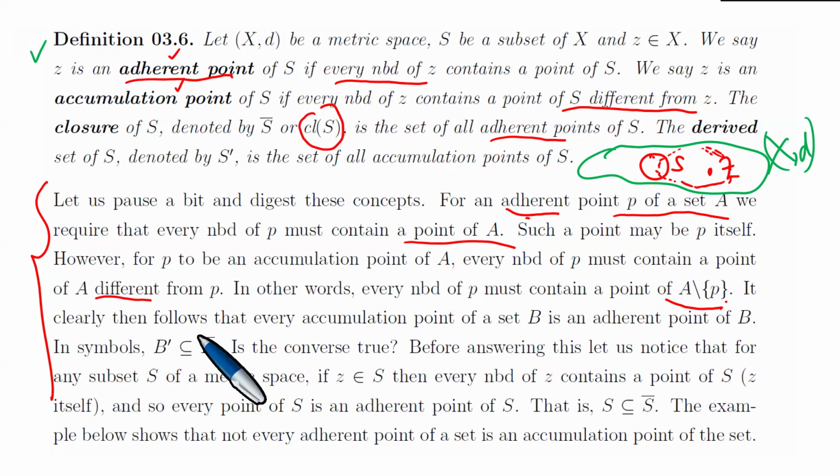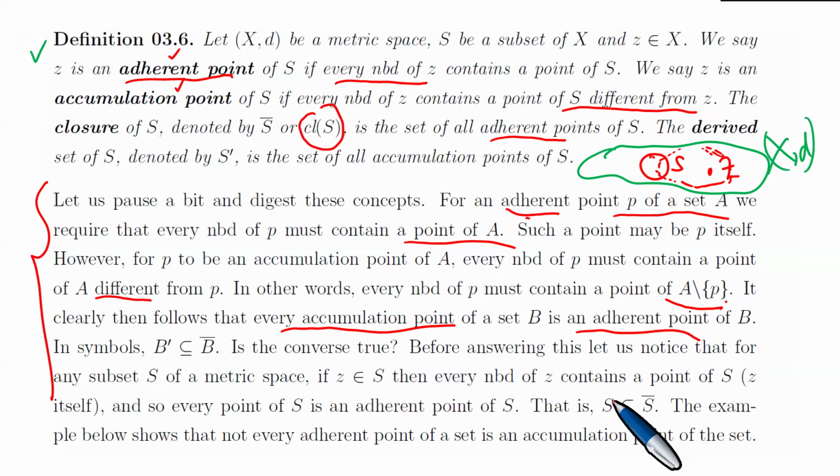It clearly then follows that every accumulation point of a set B is an adherent point. This is very important because these concepts are very close to each other and potentially confusing. But as said here, every accumulation point of a set is an adherent point, because the accumulation points can be in the complement.